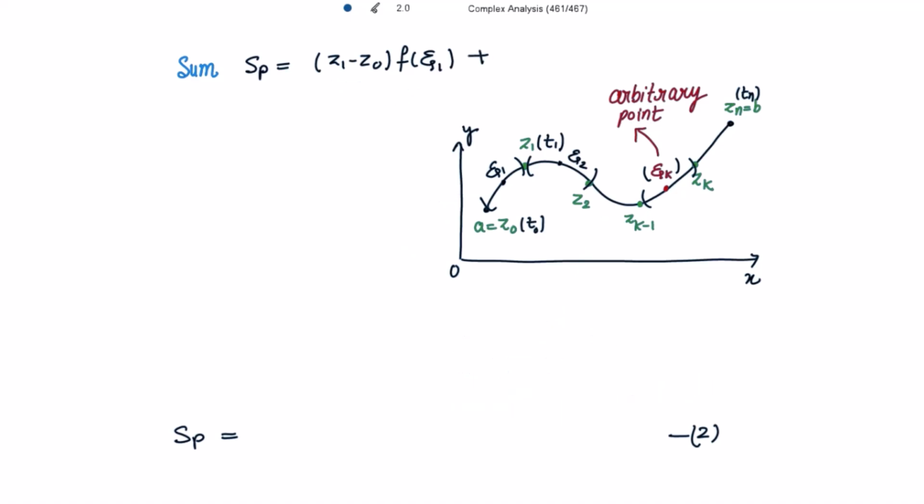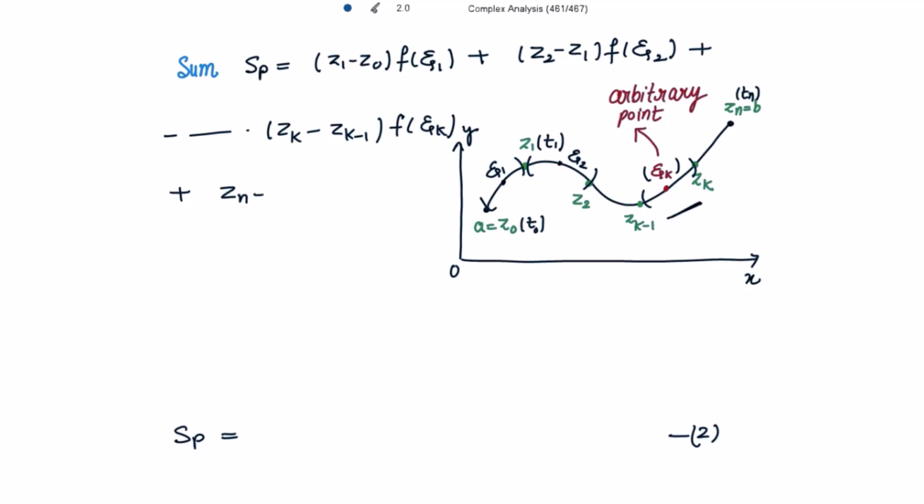Similarly, the next term will be z2 minus z1 into f of, let's say, xi2, and so on. If I reach this interval, then this is zk minus zk minus 1 into f of xi k, plus the last one, zn minus zn minus 1 into f of xi n.